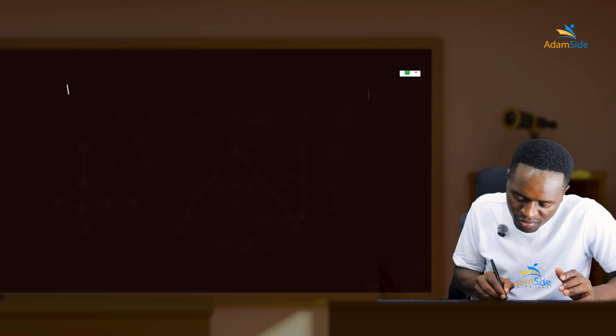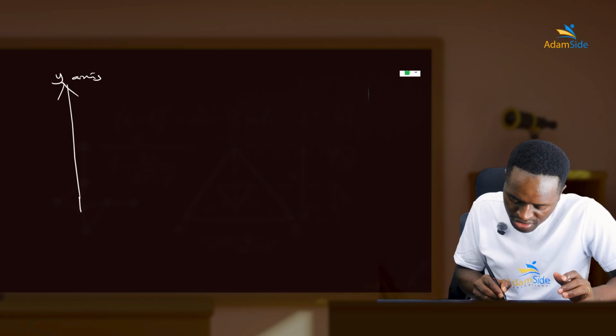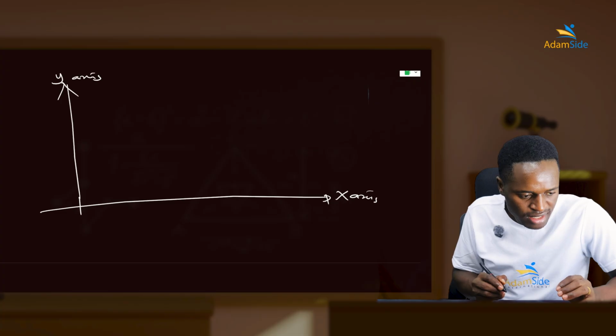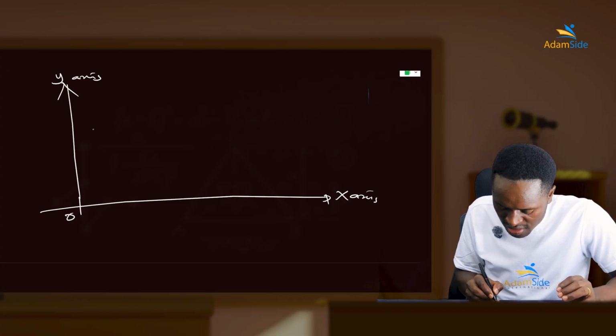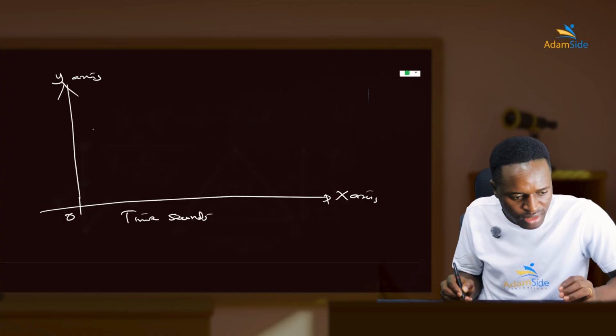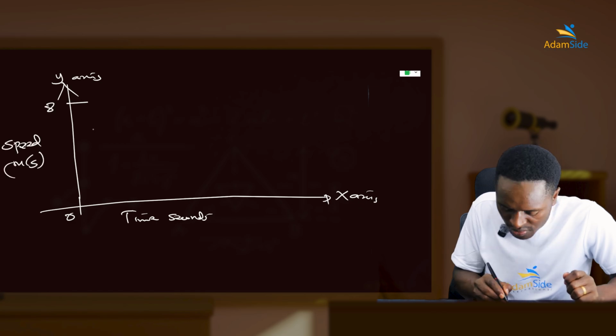It's simple. Maybe you have a graph like this one, y axis and x axis, with time in seconds, and then the graph here. They show speed.